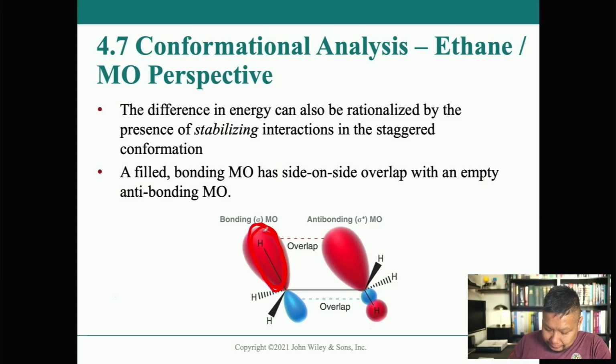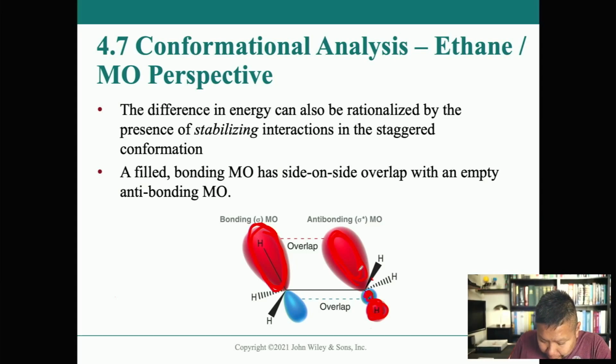When the hydrogen on the other carbon is pointed straight down, opposite the one from the first carbon, its antibonding orbital is in line with the bonding orbital of the hydrogen in front of it.